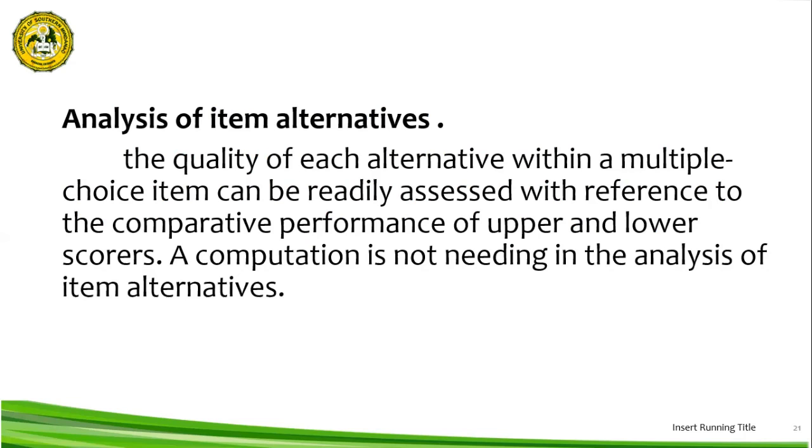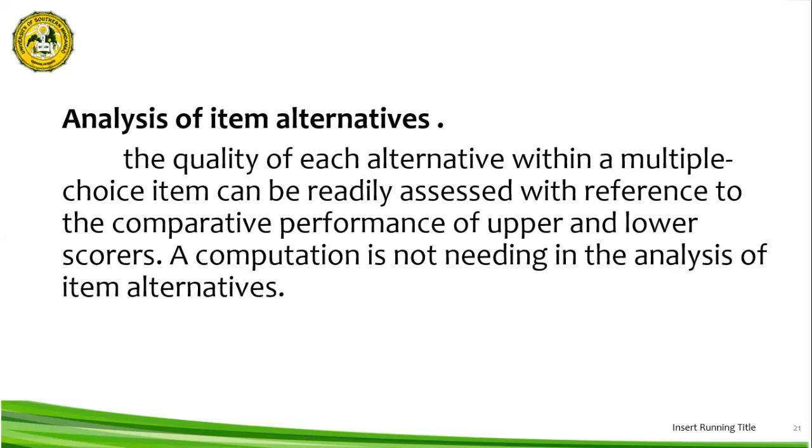Analysis of item alternatives. So like the factor analysis that we tackled earlier, analysis of item alternatives could also be used. The quality of each alternative within a multiple choice item can be readily assessed with reference to the comparative performance of the upper and lower scorers.